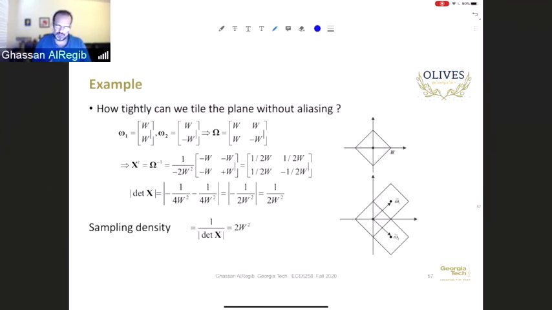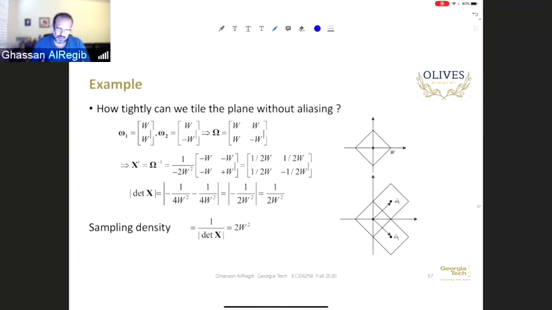And from there, we managed to find the relationship between the Fourier transform of the analog signal and the Fourier transform of the discrete signal. And then we loosened up our constraint on the rectangular sampling lattice and made it a generalized sampling. Once we have a generalized sampling, we have these two vectors that really define our sampling, capital X in the spatial domain or capital omega in the frequency domain.